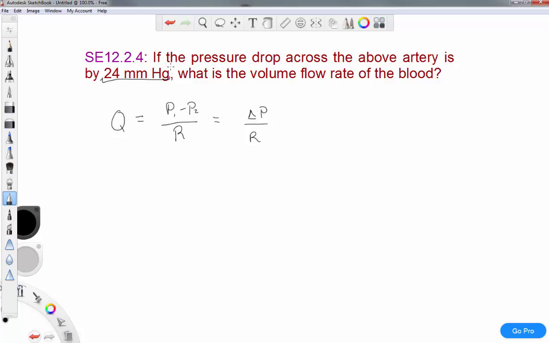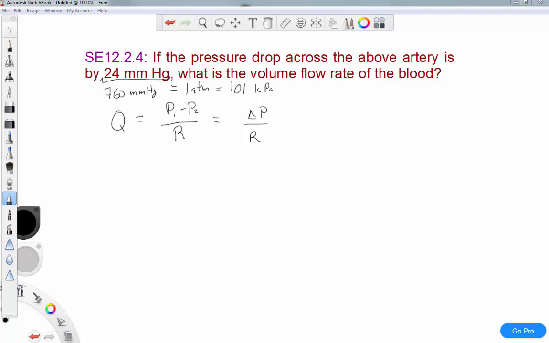One way of doing that is to remember that 760 millimeters of mercury is equal to 1 atmosphere, and that's also equal to about 101 kilopascals. So those are equivalent.